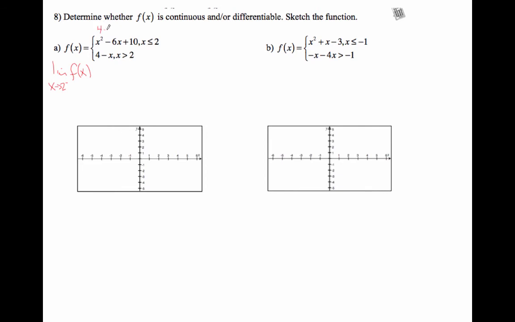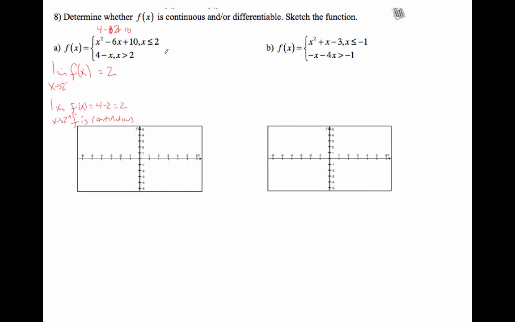I get 4 minus 12 plus 10, and that gets me 2. I'll try it again from the right. That's 4 minus 2, that is 2. Okay, so the limit as x approaches 2 from either side matches up, so f is certainly continuous.